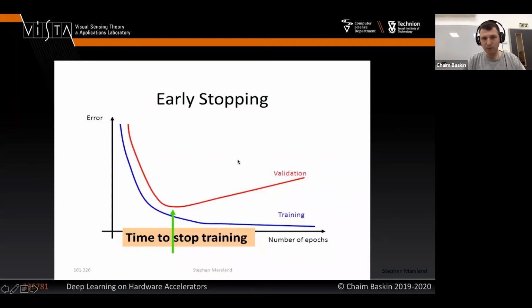So what we want to do in this scenario is to stop here, to look at the validation set and stop when our loss on the validation set starts to increase. So one of the ways to define where to stop is looking at our validation set and seeing where the loss changes from decreasing to increasing.